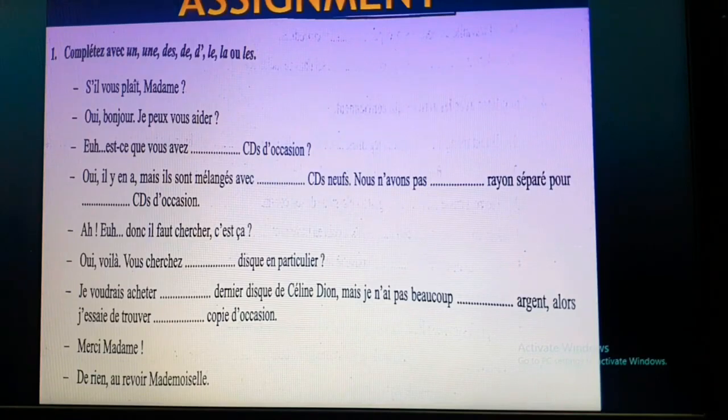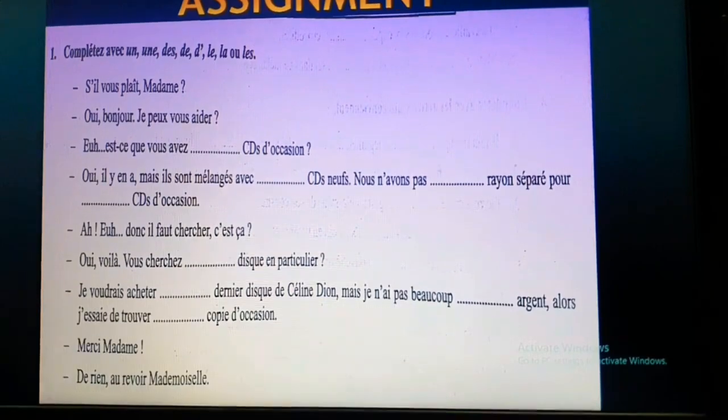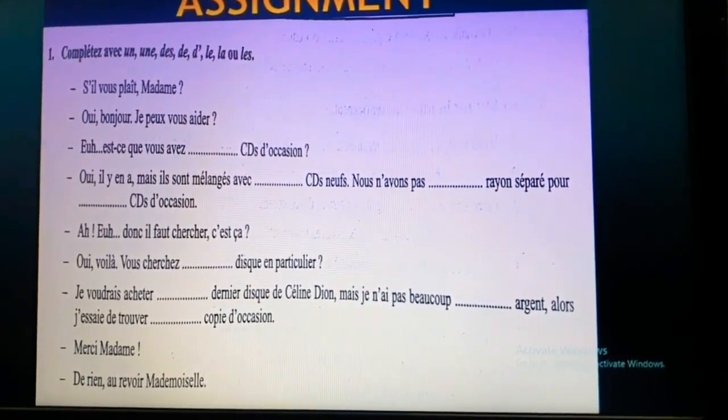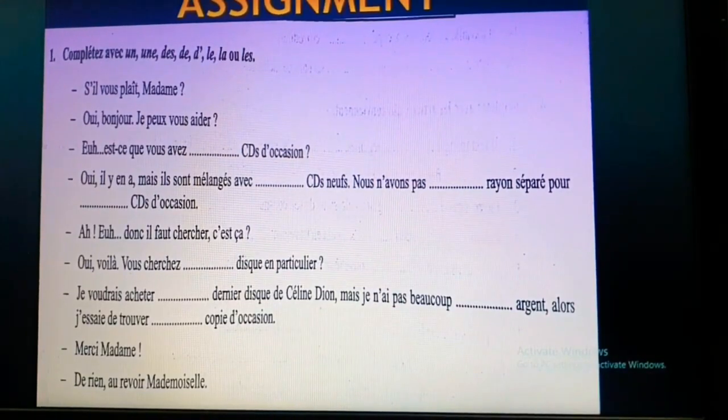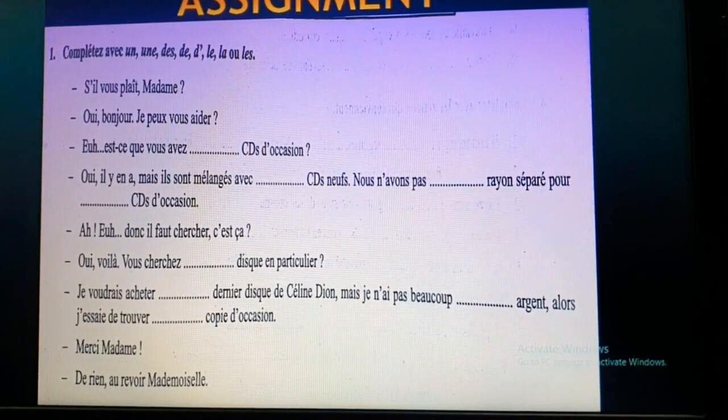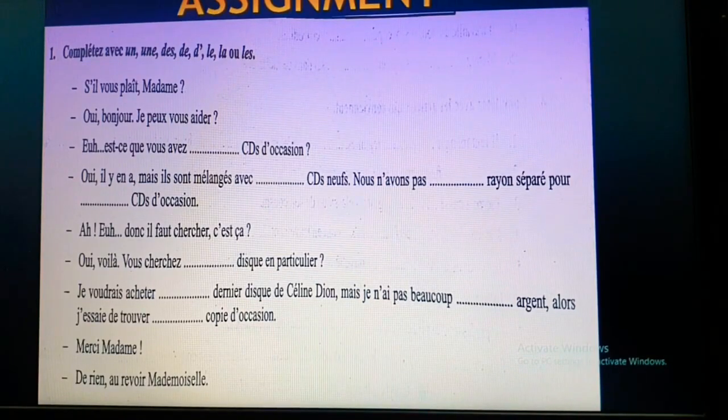The first assignment which I had given you was to complete the sentence with un, une, de la, or le, la or les. That means article défini or indéfini.